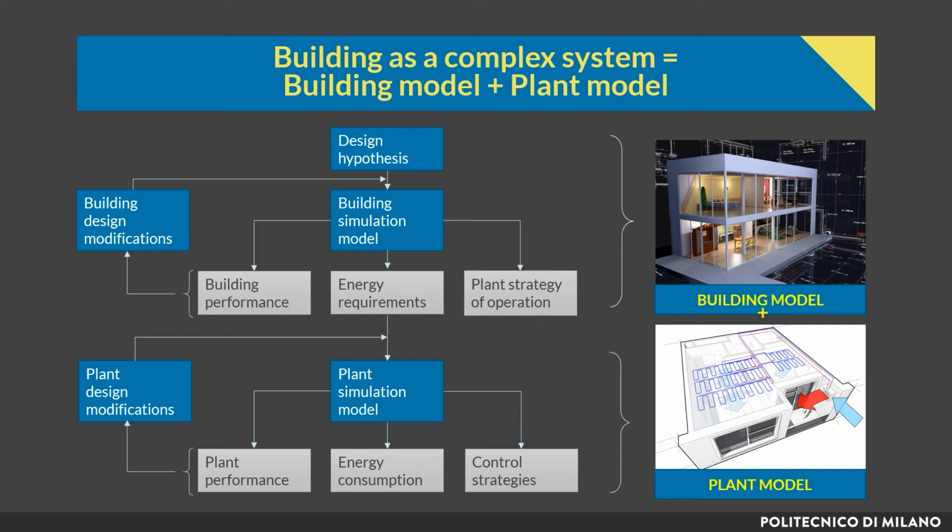So, as described in the simulation procedure, both building and plant models should be defined and modified according to respective variables such as building performance, energy requirements, and plant operation strategy for the building model, and plant performance, energy consumption, and control strategies for the plant model.